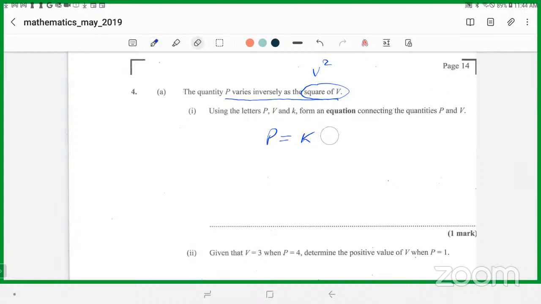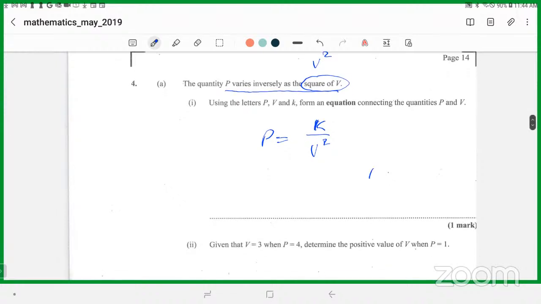No, not K times V squared, inversely, my mistake. K over V squared, it's inversely. So it's P equals K over V squared. Are you good with that? Good. Inversely. If it was directly, it would be P equals K times V squared. But it's not directly, we have an inverse variation.